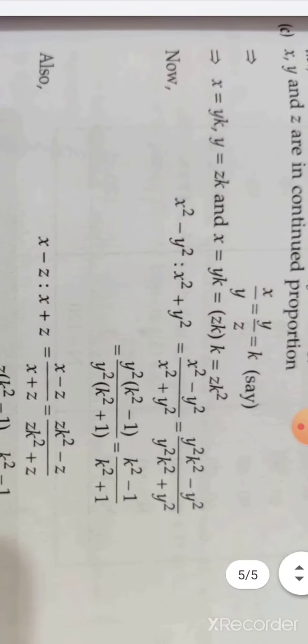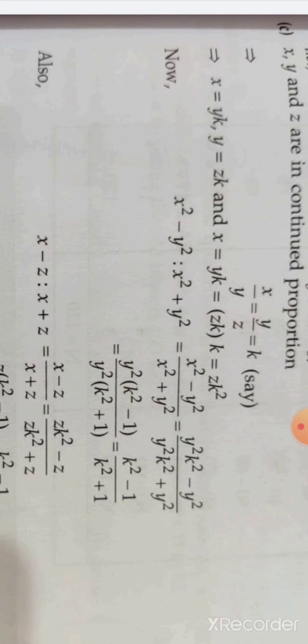x, y, z are in continued proportion. So we can write x upon y is equal to y upon z is equal to k. So x is equal to yk, y is equal to zk. Now again put the value of y in x. So x is equal to zk into k, that is zk square.